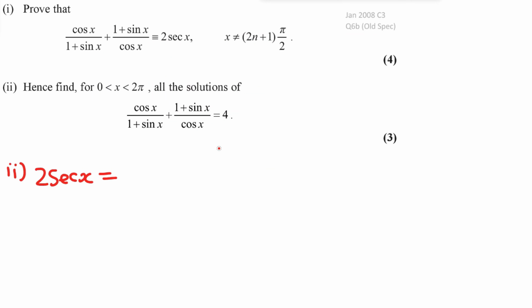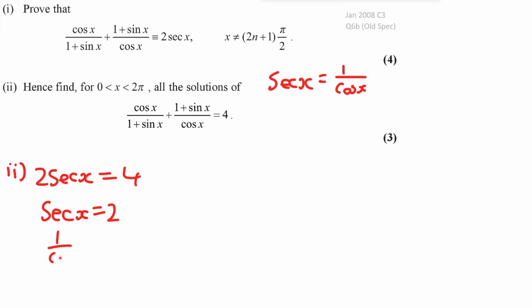And this is equal to 4. Divide both sides by 2 to get that sec x is equal to 2, and remember that sec x is equal to 1 over cos x, so therefore 1 over cos x is equal to 2, so this is going to be that cos x is equal to a half, and therefore we're going to solve this equation here.